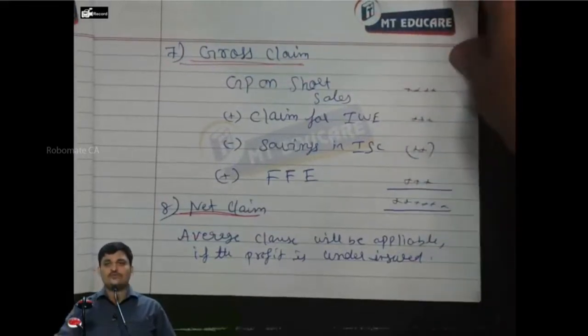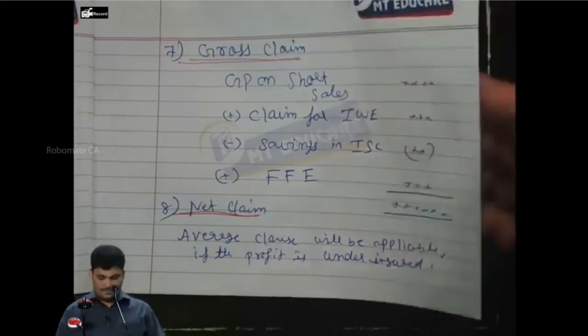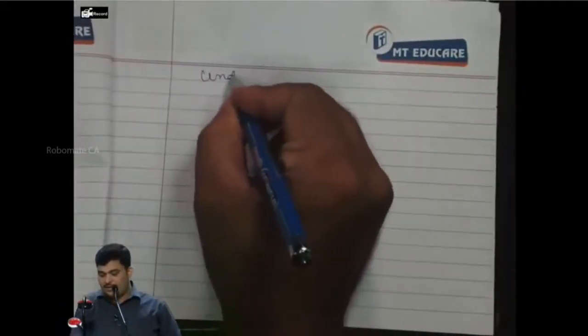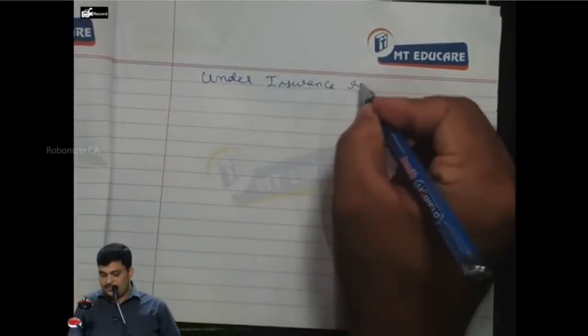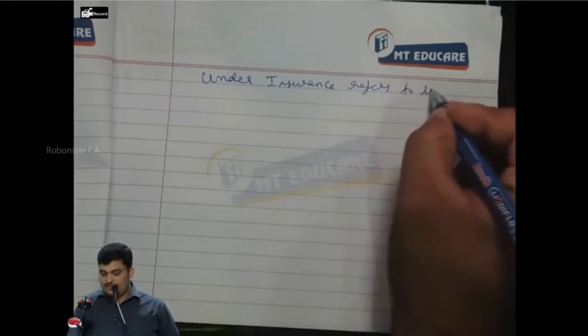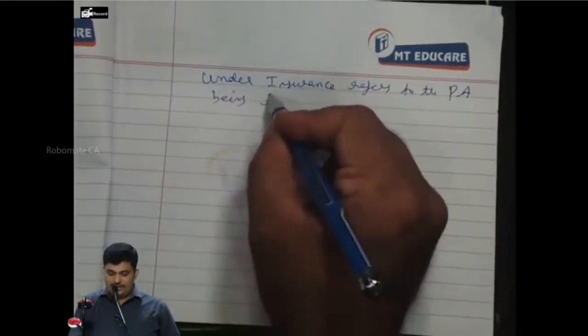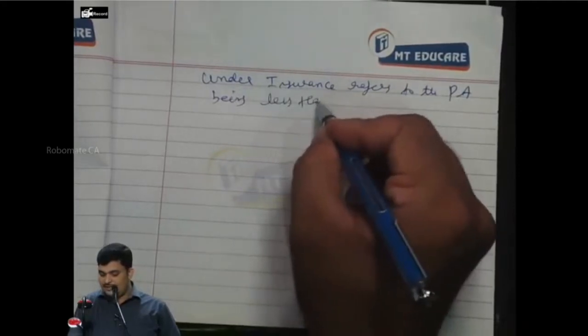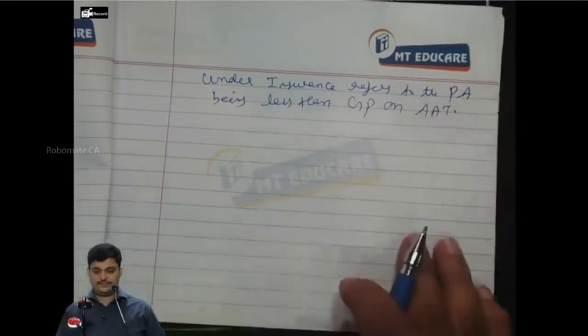Underinsurance refers to the policy amount being less than GP on AAT.